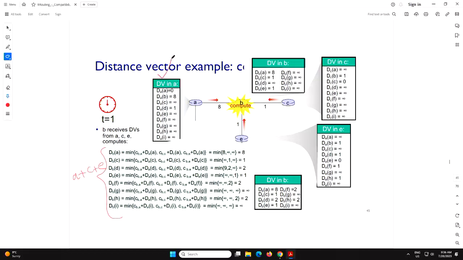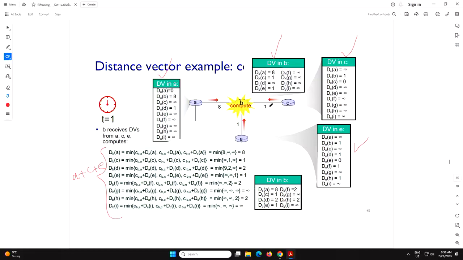So this table and this table, they have all been received by B before B does this computation, right? So B had this original table here, and this table has to change as a result of receiving new distance vector tables from its 3 neighbors.